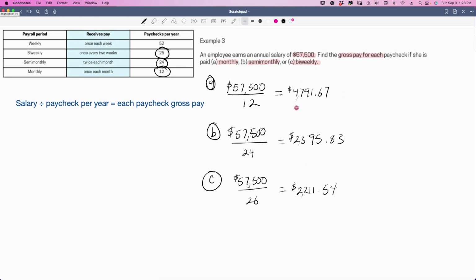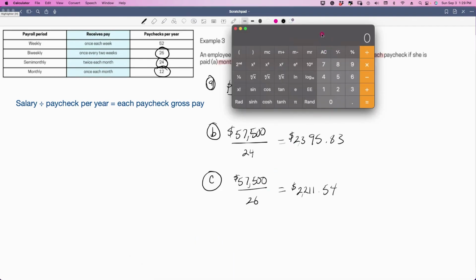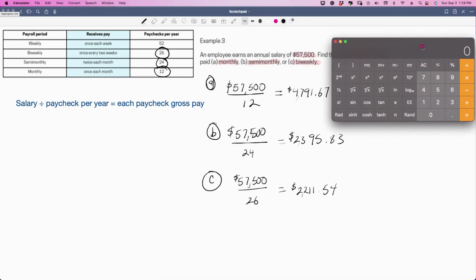All right, so what's interesting also is you might want to do the calculation in reverse, because that last paycheck of the year, all corrections are made. So the very last, the 12th paycheck, what they'll do is they'll say 4791.67 times 12.